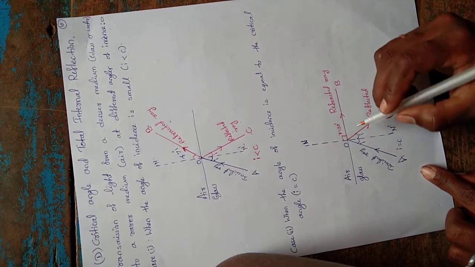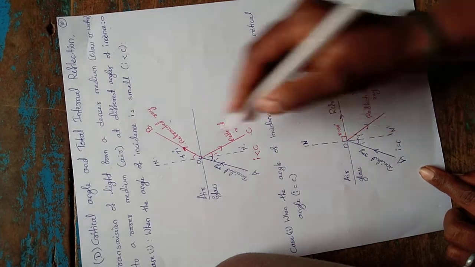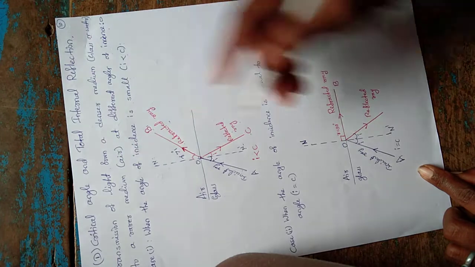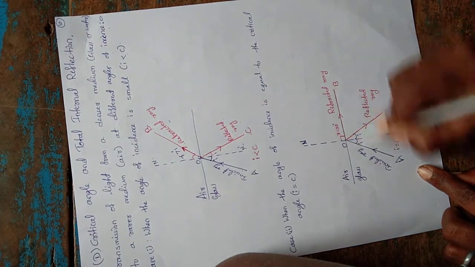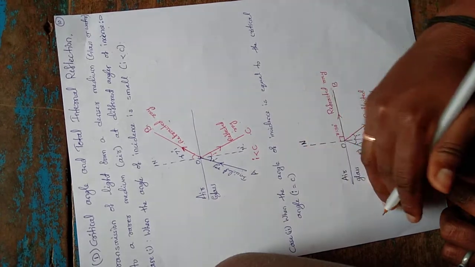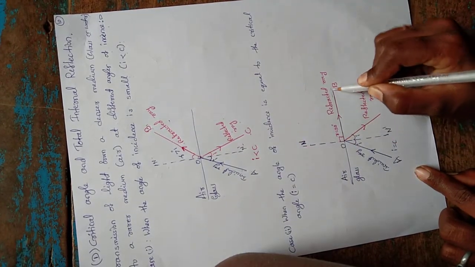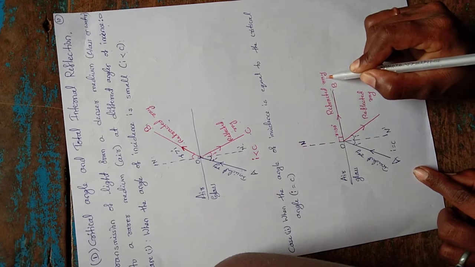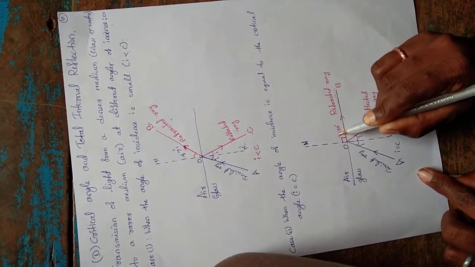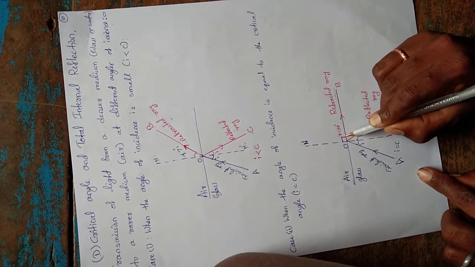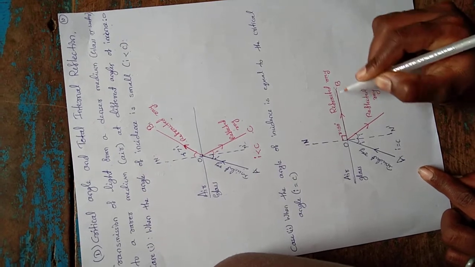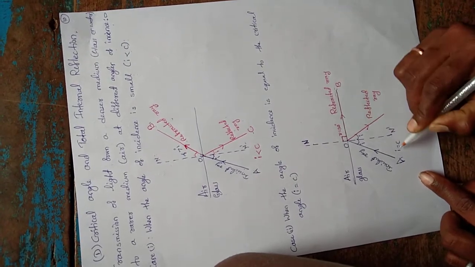After refraction, OB reaches the surface separating air and glass. Take OB as the refracted ray. When it reaches this line, that is our critical angle. The angle of refraction r is equal to 90 degrees.